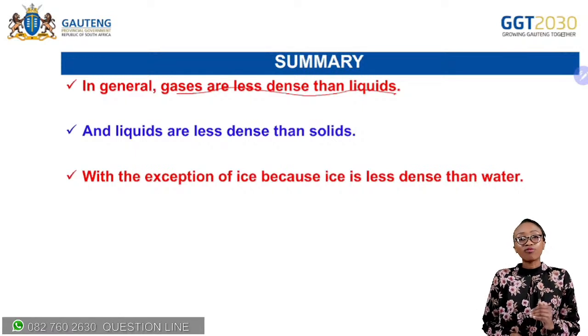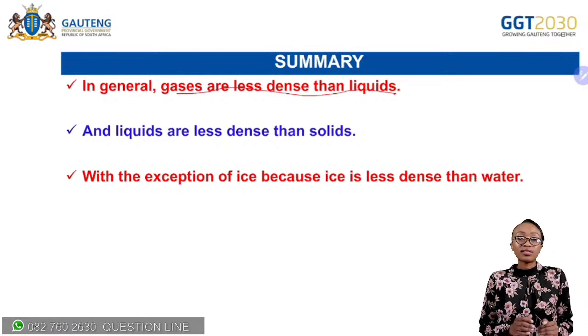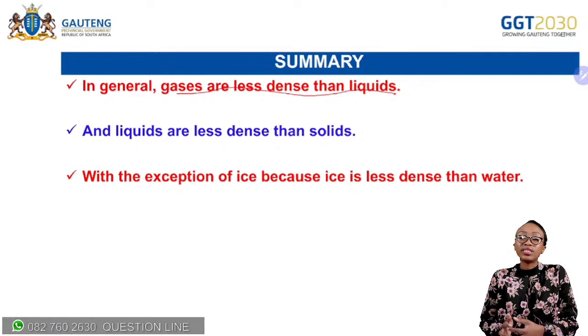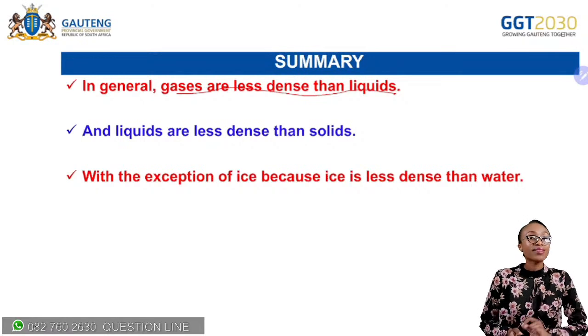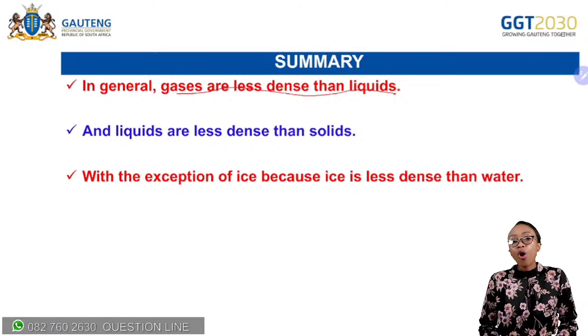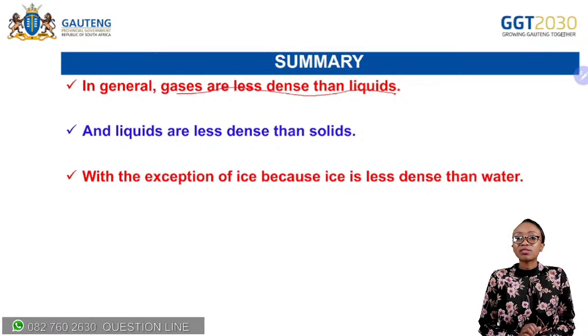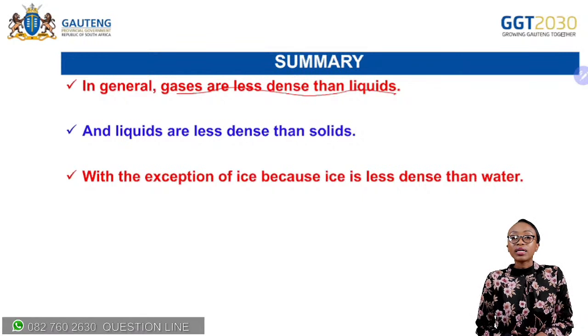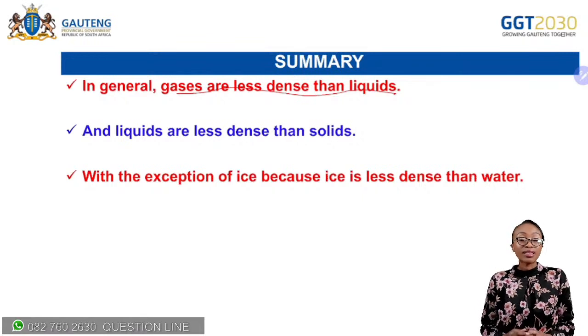So the density of the liquid now becomes higher than that of the ice, because the liquid's particles are much more closely packed in comparison to the particles in the ice. That is why water is more dense than ice.